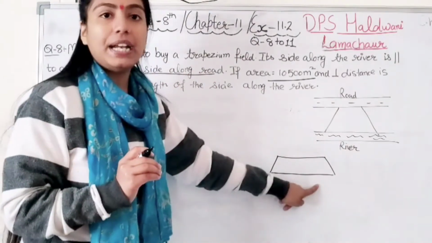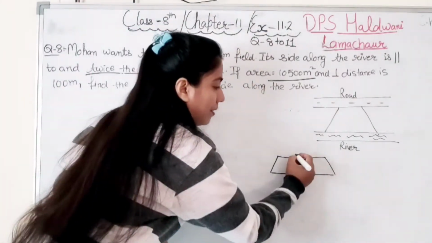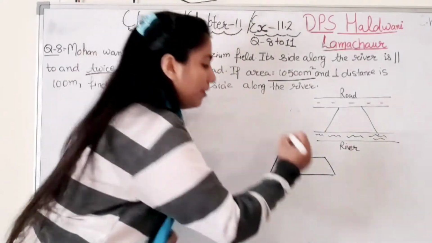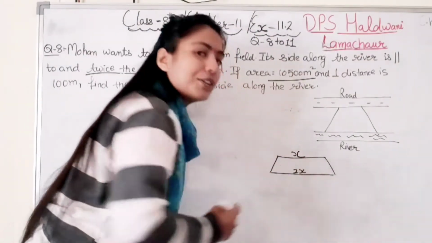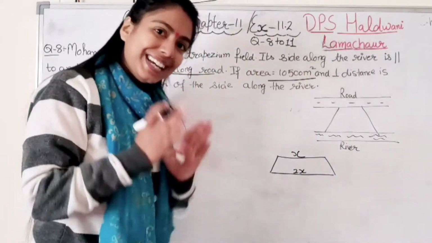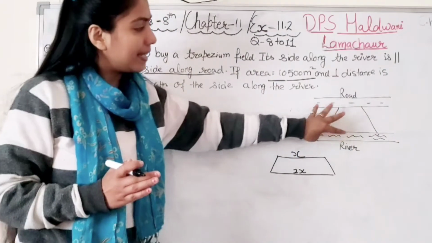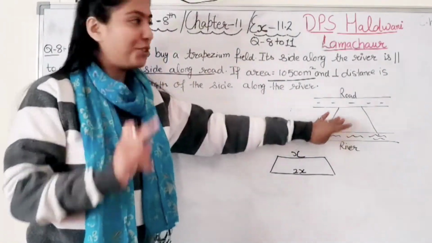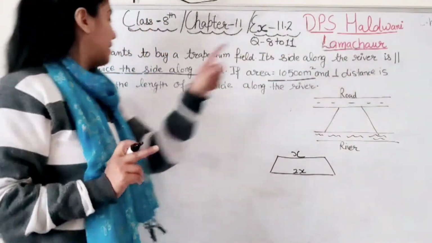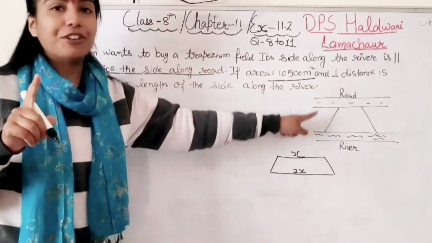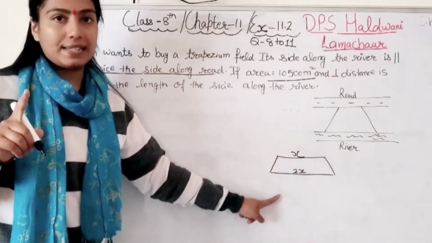It means if the road side is x, the river side will be twice of it, that is 2x. And the next line says the area of this trapezium is given to you, and the perpendicular distance is 100 meters. It means the height between these parallel sides is also given.